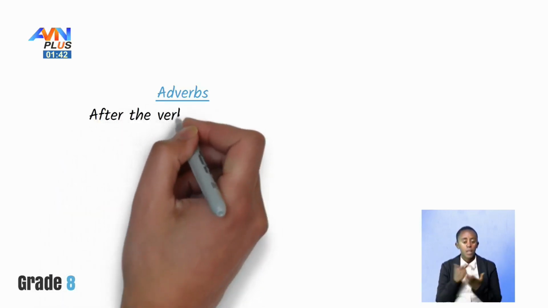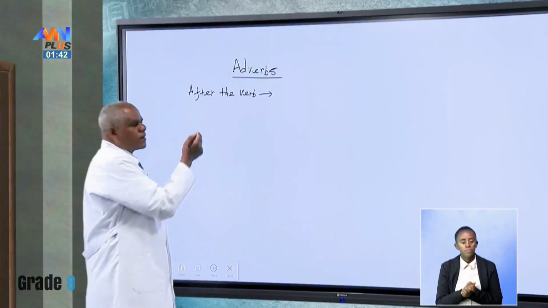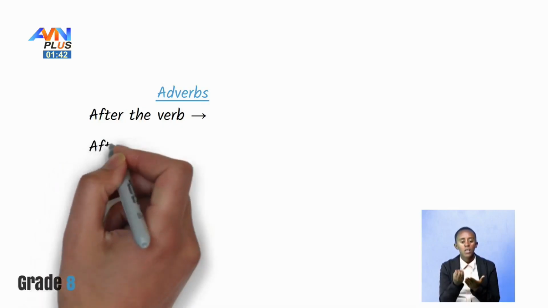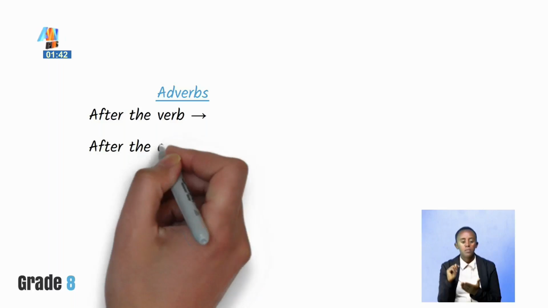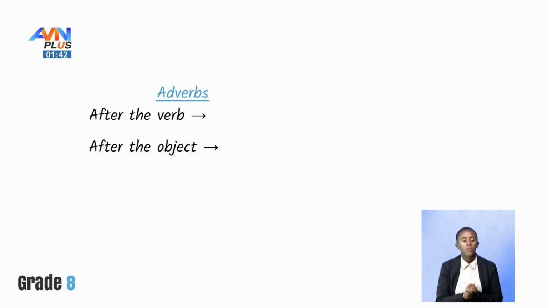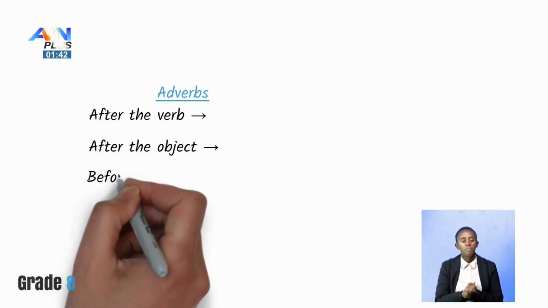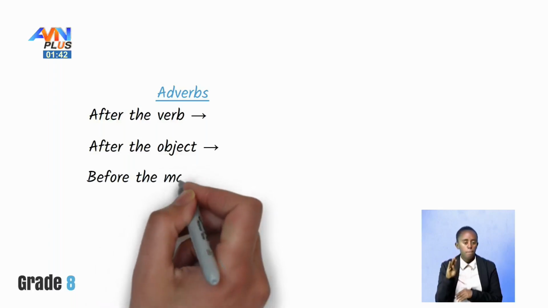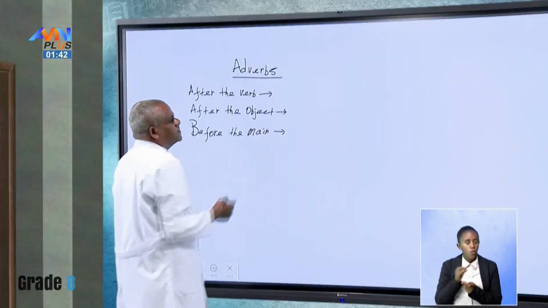This is one. Okay, if you like, after the object. After the object. Good. Finally, before the main verb. Before the main verb. These are the positions of adverbs in a sentence, students.